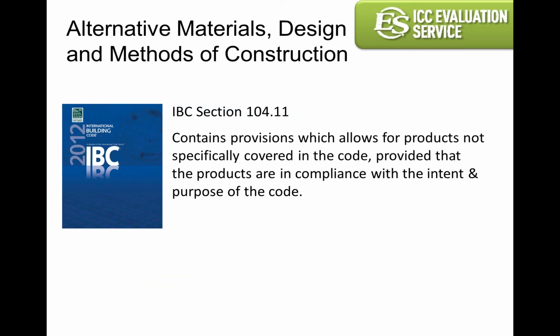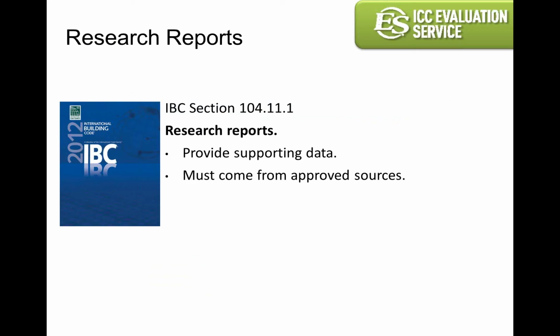Next slide, please. And the way they're approved, one way, shown in 104.11.1 of the building code, is through approved reports. And the way these reports are approved is, first of all, the building official has the final approval. So it has to be, I guess, our organization, they're real familiar with it.